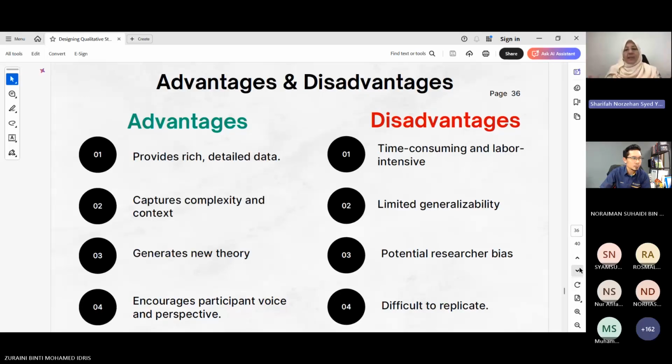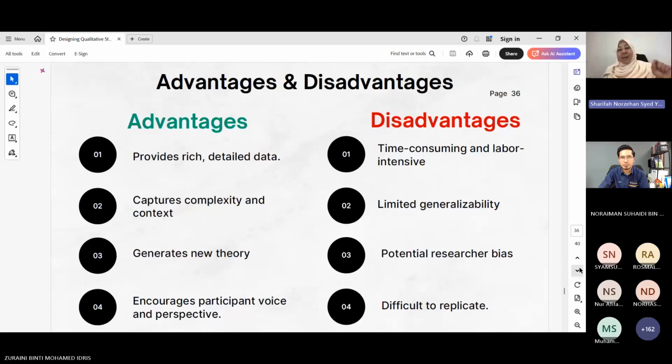So basically, we are talking about the advantages and disadvantages of qualitative research. Qualitative data is very rich. When you interview, you tend to get data that are not related to your study. Keep it, don't throw it away.